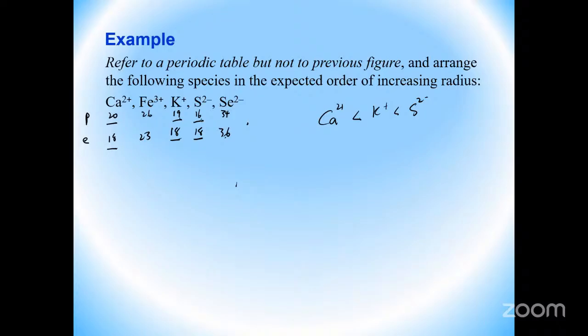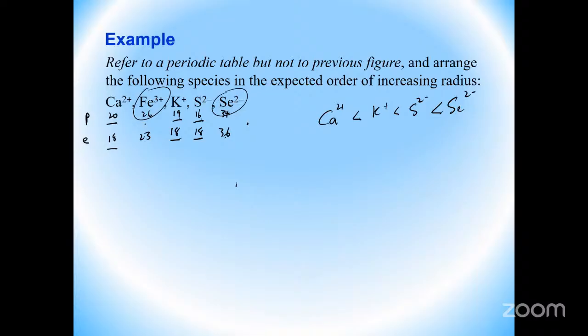Now the question becomes, where do iron 3+ and selenide come in? Okay, the selenide is easy to tell because selenide would be below sulfide in the periodic table. Going down any group, the atomic size, or in this case, the ionic size would increase. So I'm going to put selenide right here, right? So the next question is, okay, where does Fe3+ come in?